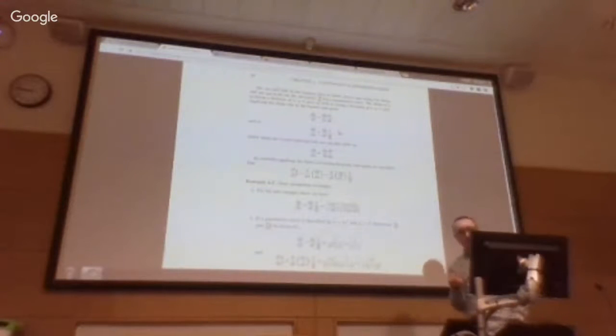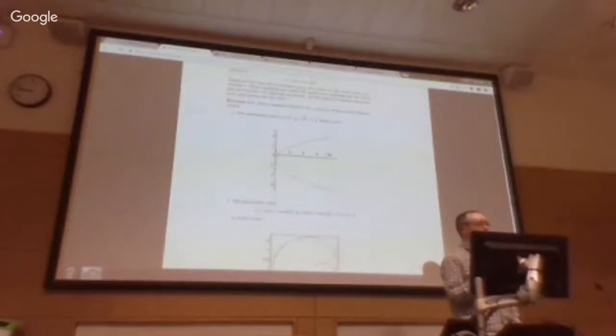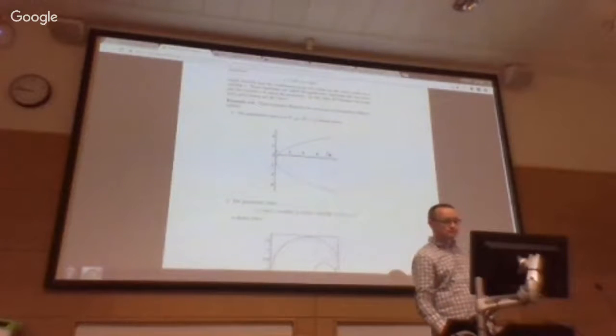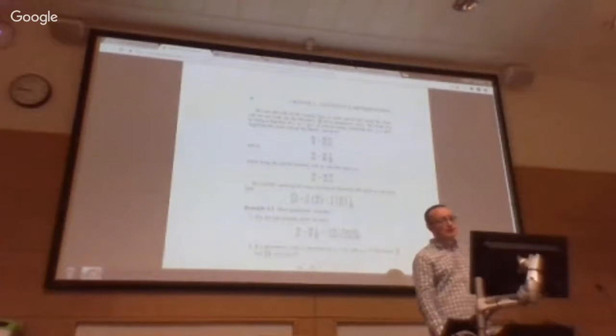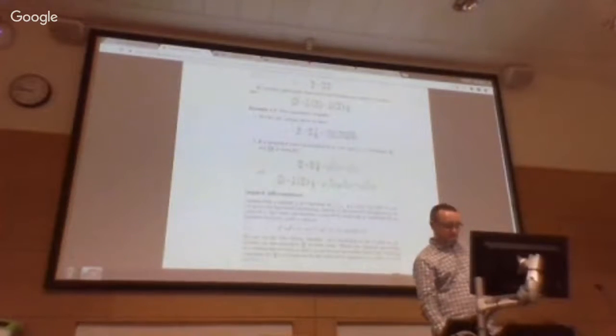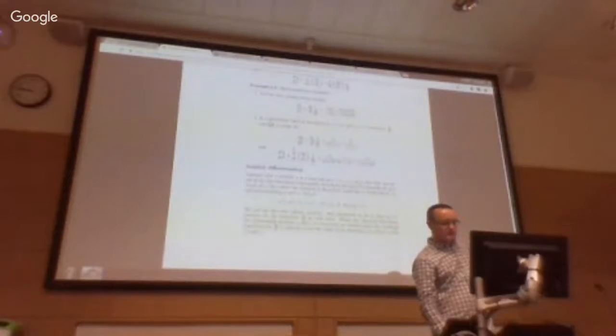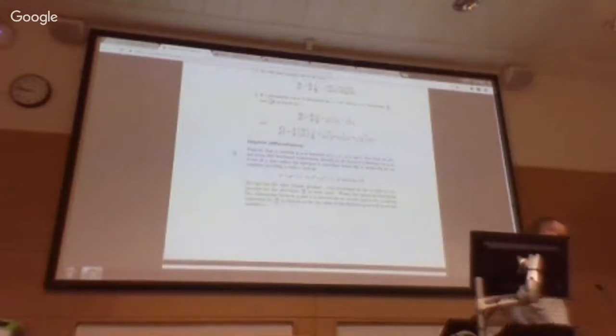Okay? Remember, points on these curves correspond to values of the parameter t. That process is known as parametric differentiation.